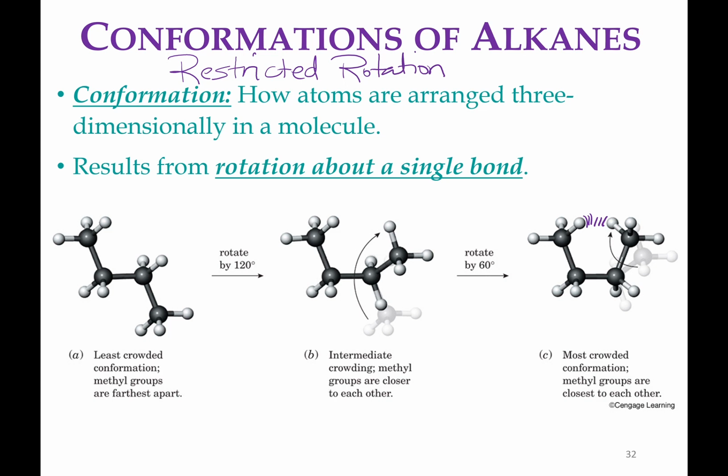Now there are different types of strain, but the molecules don't like to be close together like this because they're going to repel each other. So when the single bonds can rotate, they can achieve any arrangement, usually, that allows them to be basically as far apart as possible.